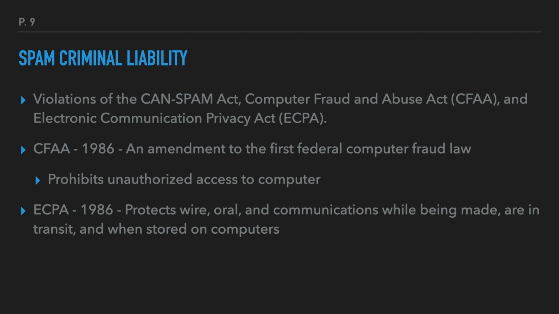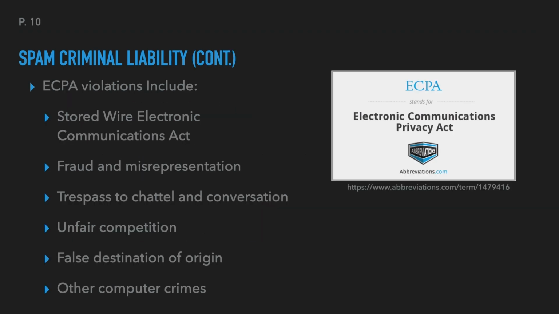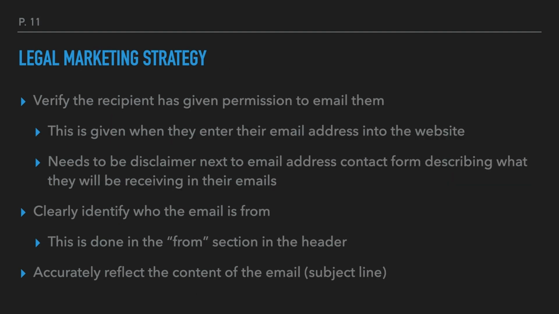The ECPA, which includes the Stored Wire Electronic Communications Act, enacted in 1986, protects wire, oral, and electronic communications while those communications are being made, are in transit, and when they are stored on computers. These include fraud and misrepresentation, trespass to chattel and conversion, unfair competition and false designation of origin, and other computer crimes. So how do we create an email marketing campaign that is legal, ethical, and profitable?